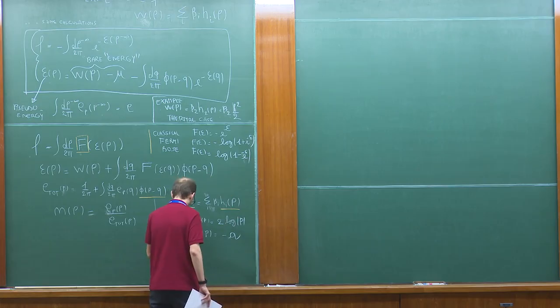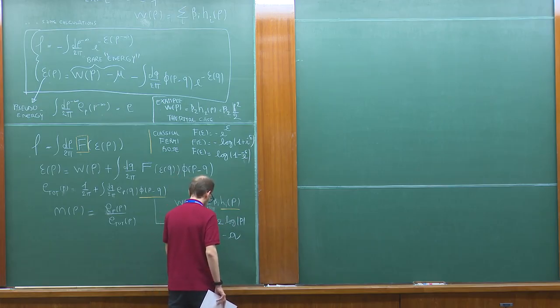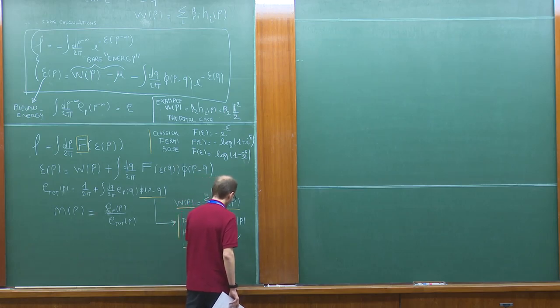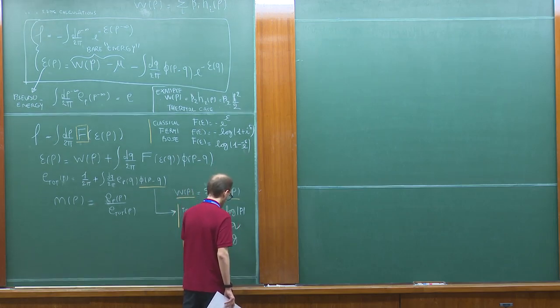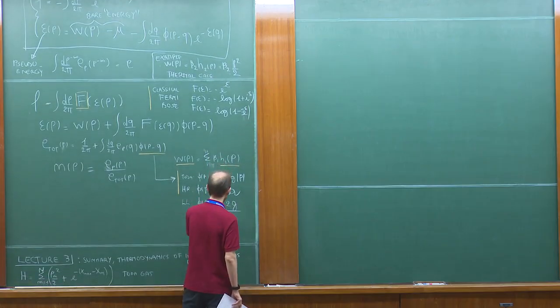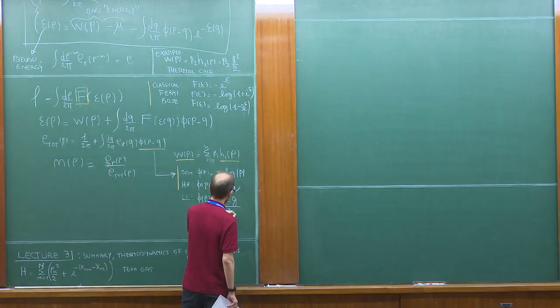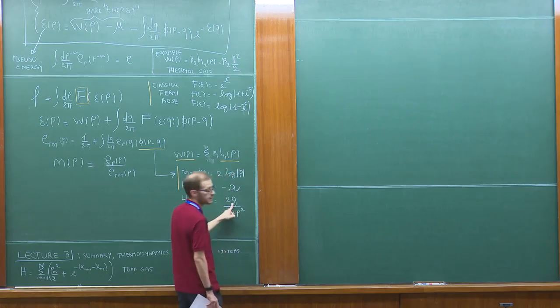For Lieb-Liniger, we wrote it last time, I'm just copying it again. It's something like this, where G is the interaction constant.